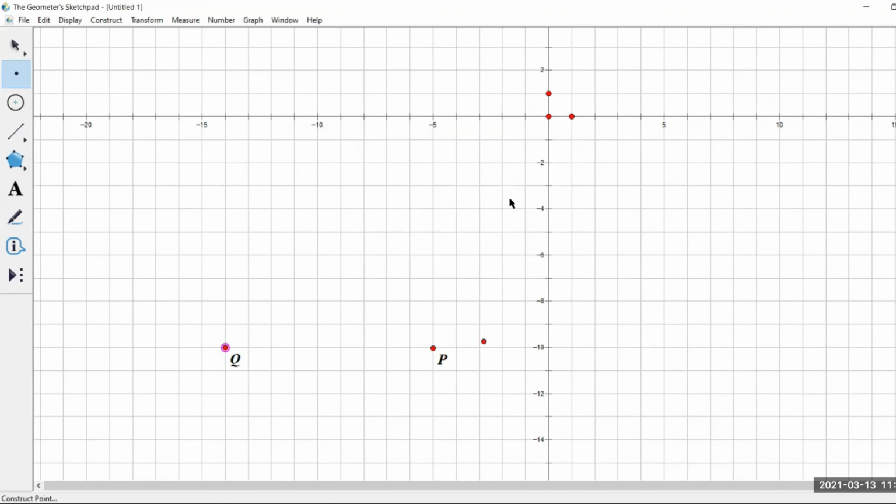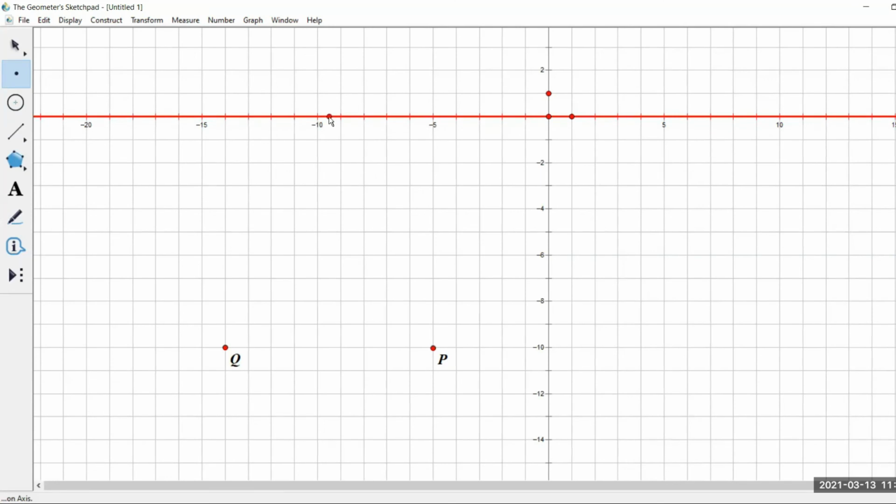And we had found that R, which is the intersection point, was -19 over 2, which is -9.5. -9.5 would be here.